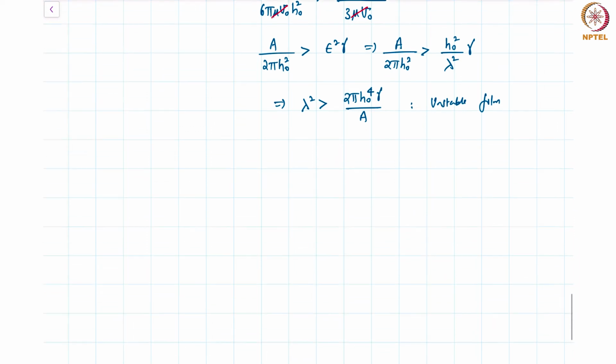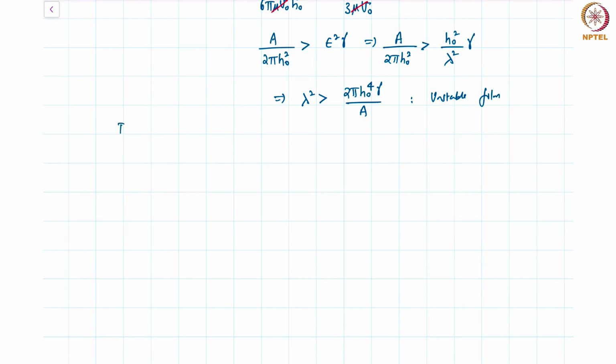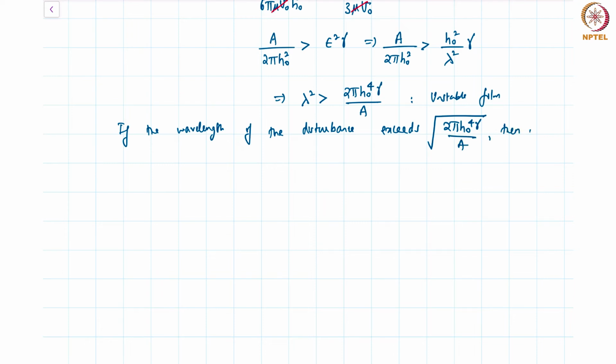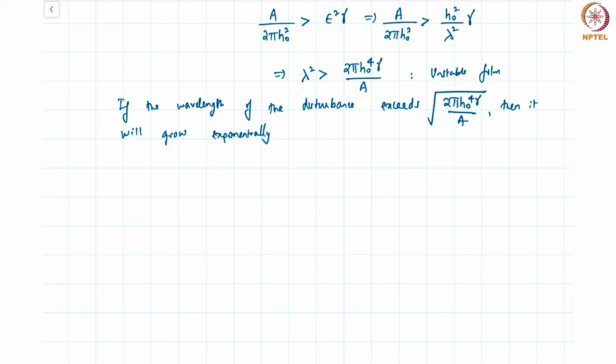So now what we have is, if the wavelength of the disturbance exceeds a value of 2 pi h0 power 4 gamma by A, then it will grow exponentially, right?